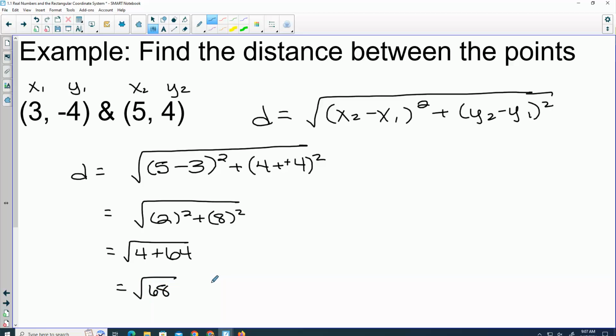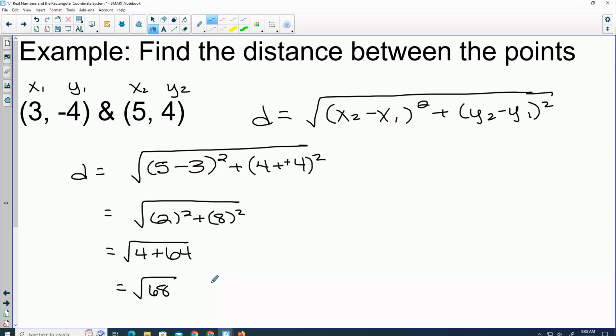And then what do I need to check? At the end, what should we always check to see? Is 68 divisible by any perfect squares? You try your 4.